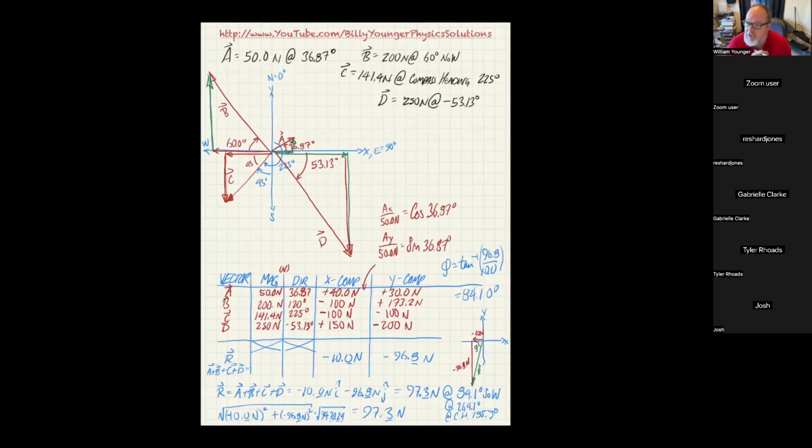Any first 2 that you want, get a result, and then use the head to tail or the tail to tail method to add that resultant to the 3rd vector, and then do that again. Use that resultant to add to the 4th vector, and you can just keep on doing that over and over again graphically to get your vector. But this is the actual answer. It should be about 97.3 newtons or 97 newtons at about 84 degrees south of west.